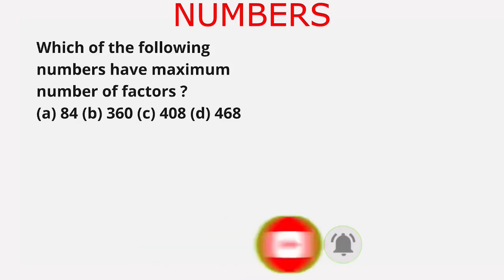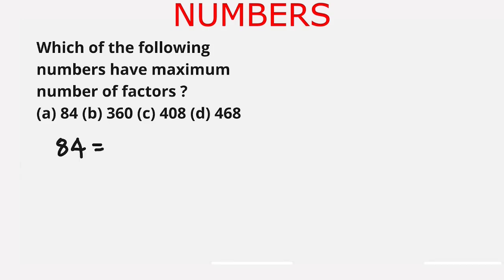Looking at the options, the greater number should have the maximum number of factors, but we will check whether it is correct or not. 84, when factorized into prime factors, is 2 to the power 2 multiplied by 3 multiplied by 7.